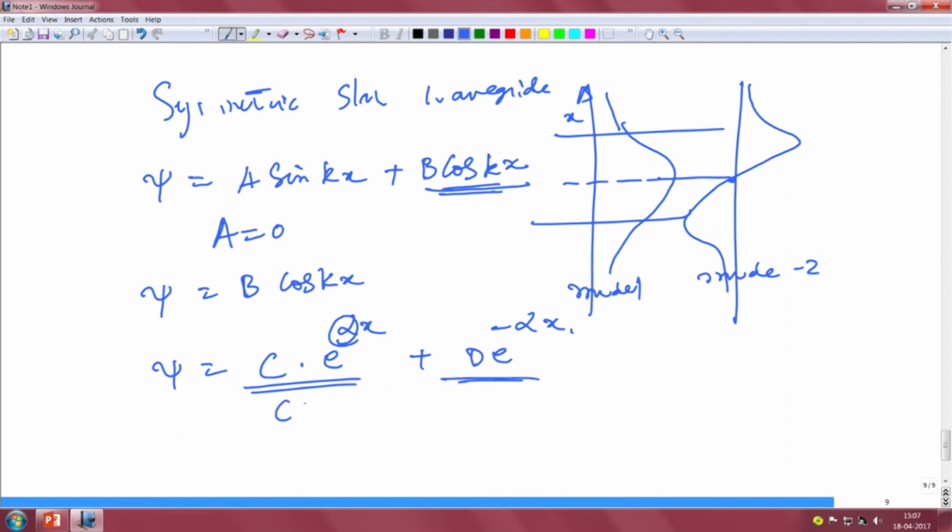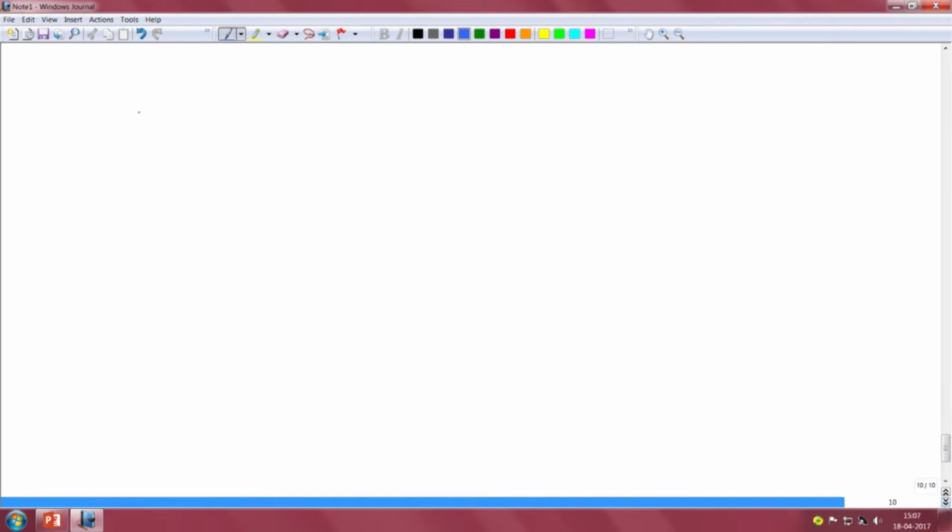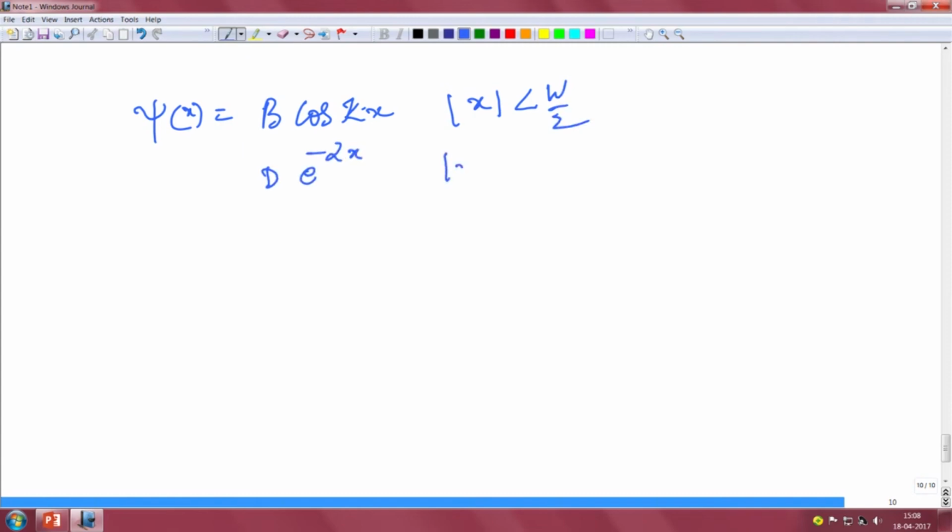In other words, we can put c equal to 0 and choose the field to be d into e power minus alpha x in the cladding region. So, we have psi of x is b cos kx for x less than w by 2 and d e power minus alpha x for x greater than w by 2.